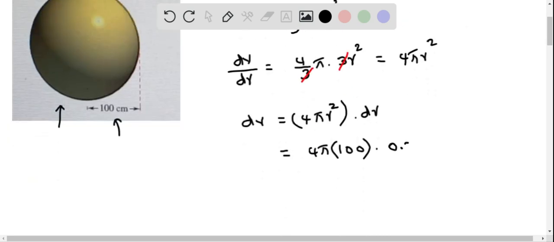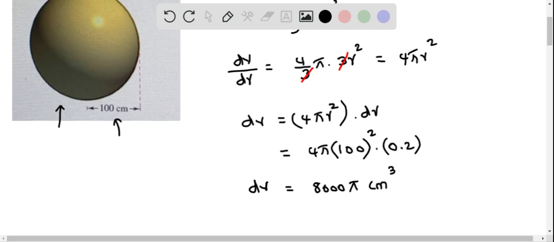We plug in 0.2 for dr, and so this becomes 4 pi times 100 squared times 0.2. When you multiply and simplify, we get 8000 pi. This is in centimeters cubed because this represents a volume.